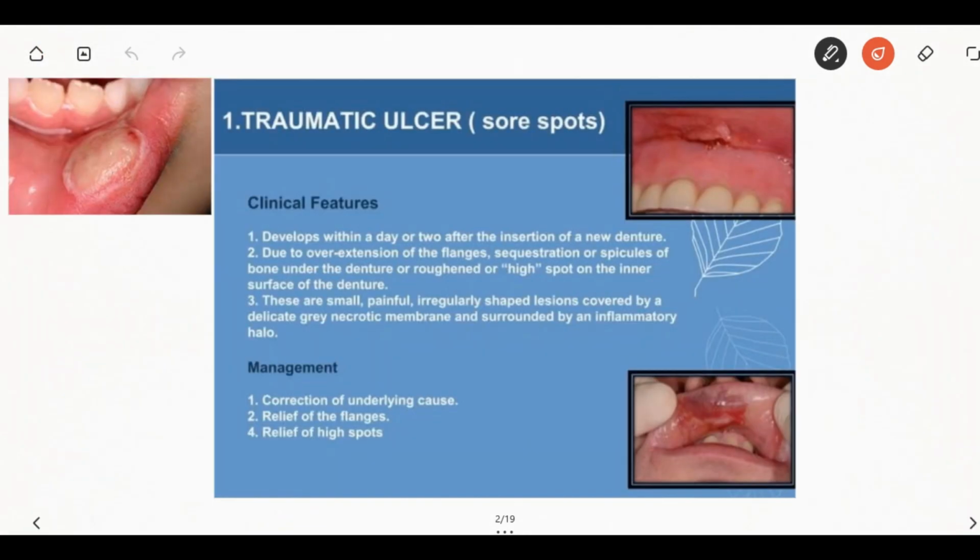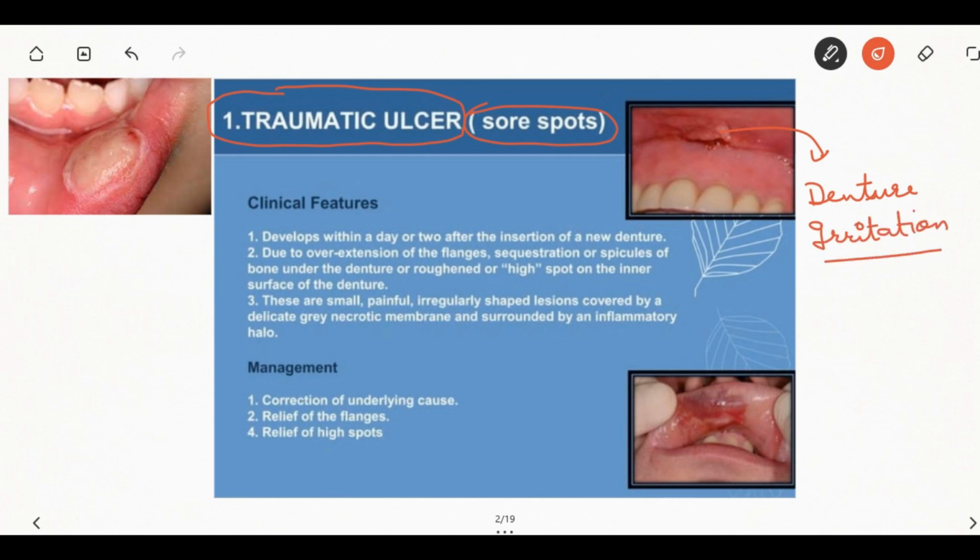First comes the traumatic ulcer, that is also known as sore spot. So the traumatic ulcer is caused by denture irritation. So it is a kind of physical injury. This denture ulcer develops within a day or 2 days after the insertion of the new denture.